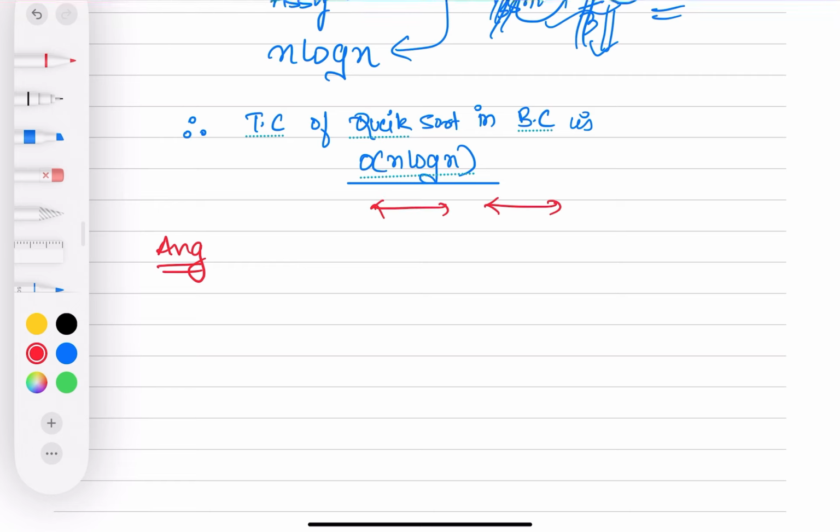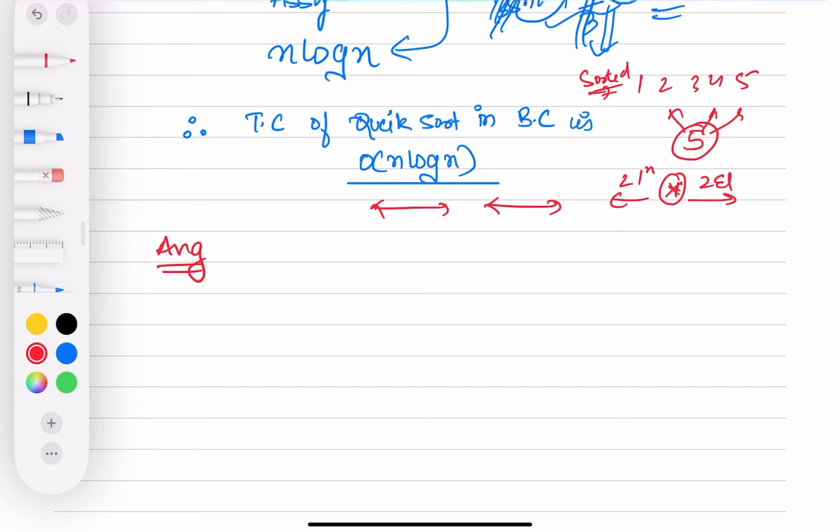For example, if you have 5 elements, 1, 2, 3, 4, 5, as my sorted array, 3 will be the pivot, so 1 and 2 will come here, and 4 and 5 will come here. So exactly equal partitions you have got.